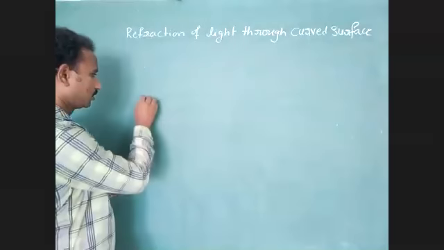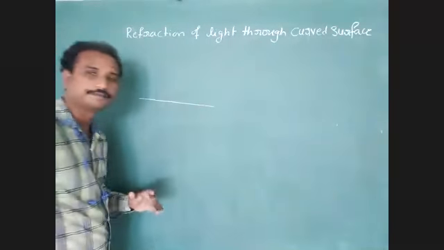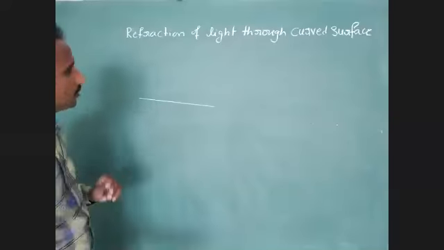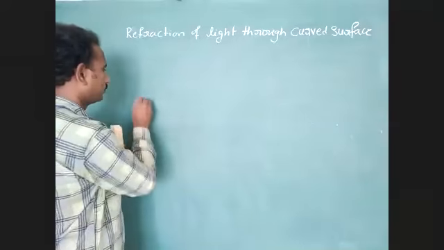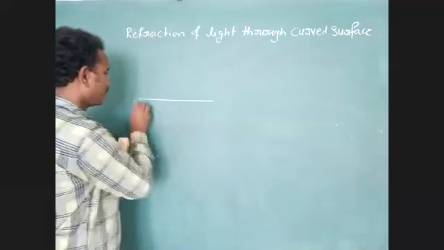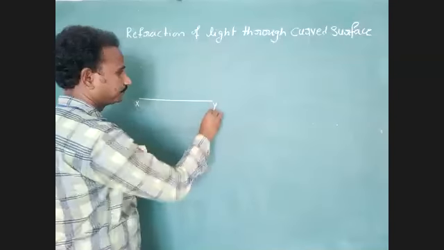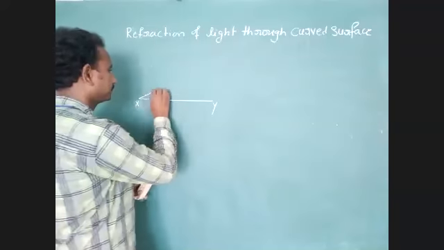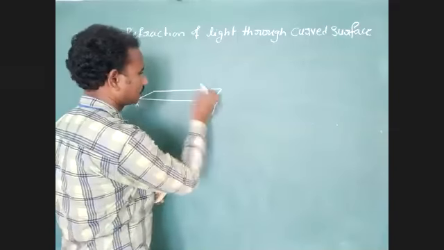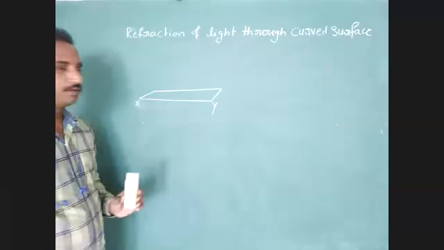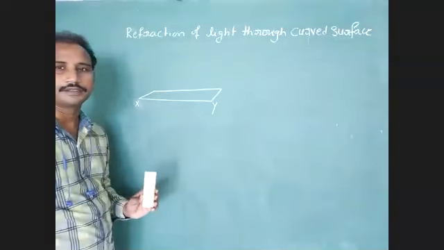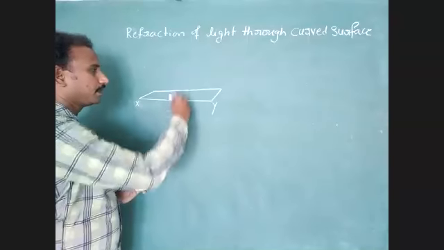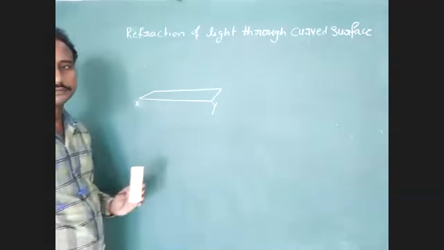First one, the plane refracting surface. We have to identify this plane refracting surface. It separates the two optical mediums.